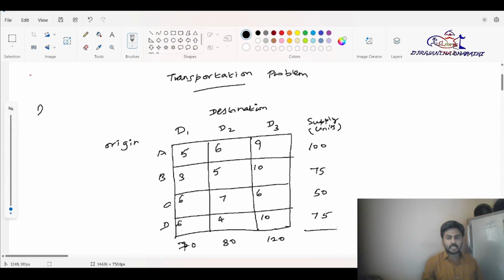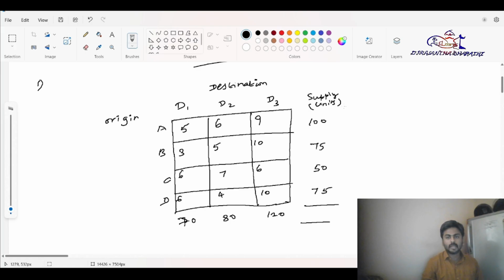So you have to check whether the given problem is balanced or not. To check this, you have to add everything, A plus B plus C plus D, and see whether it is equal to D1 plus D2 plus D3.